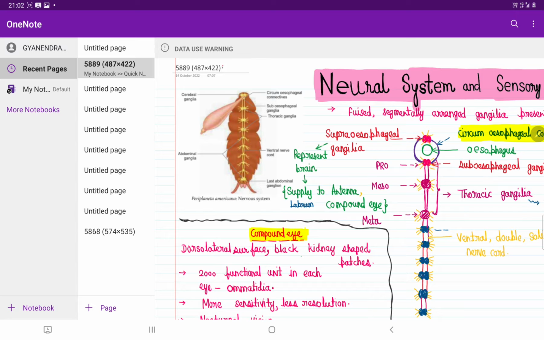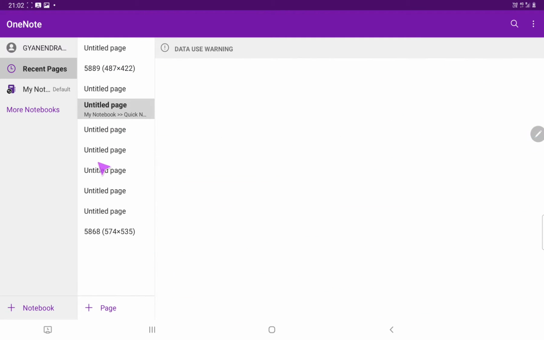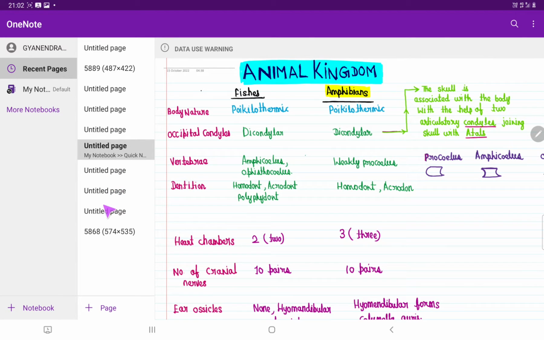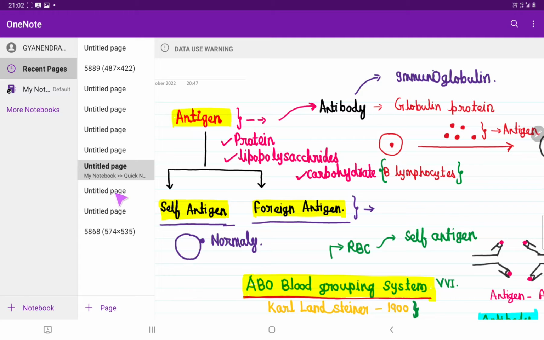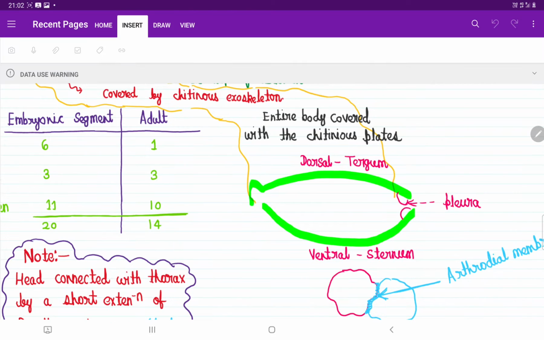So as they are segmented organisms, they have segments. But it is observed, as we discussed, that one segment is formed by fusion of many embryonic segments.